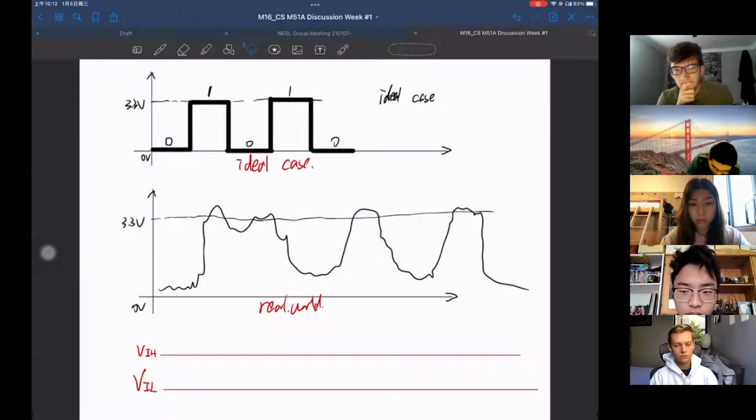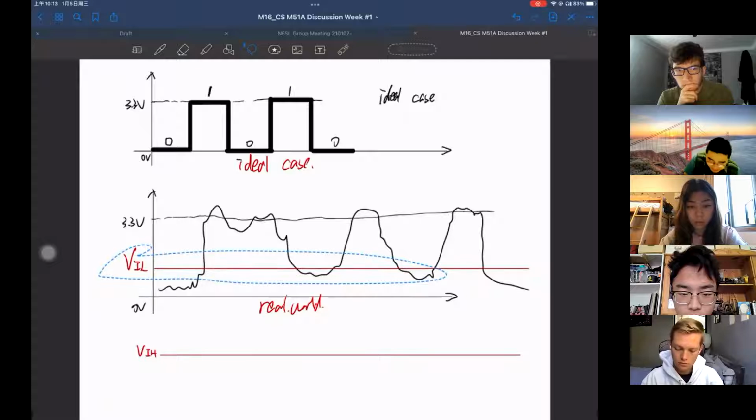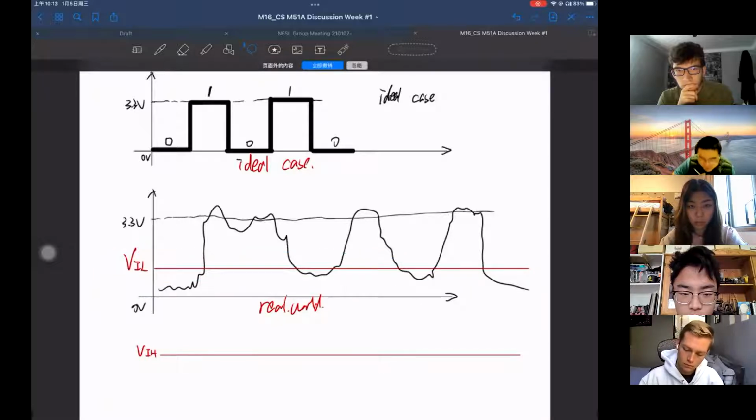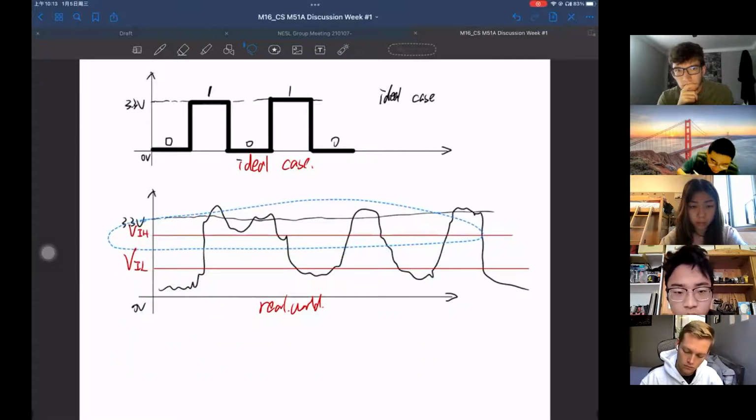I have two thresholds, the input lower threshold and input higher threshold, which are VIL and VIH. So I set a threshold here, which means every signal below this threshold is decided as 0. Similarly, everything beyond this threshold is deciphered as 1.